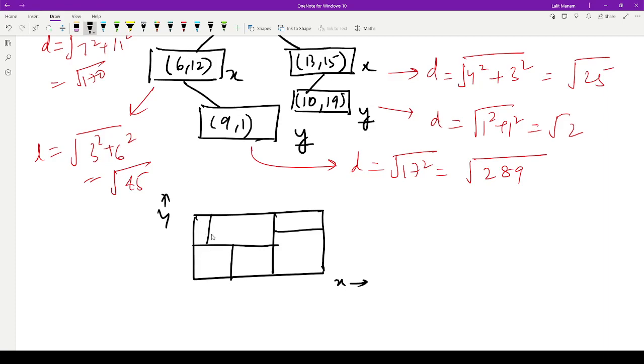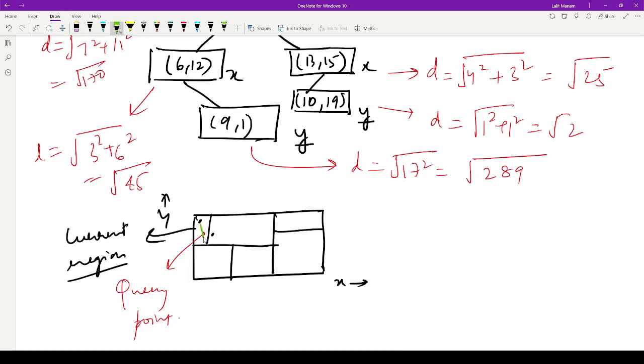But it might be possible that you have some point here which is closer than some other point. For instance, if this is the query point, and this is the current region, it's possible that this distance is larger than this distance.